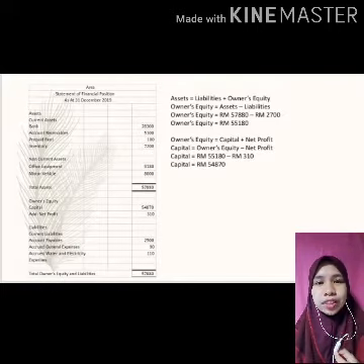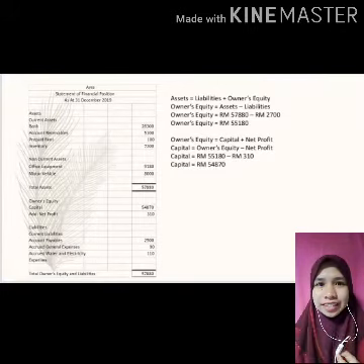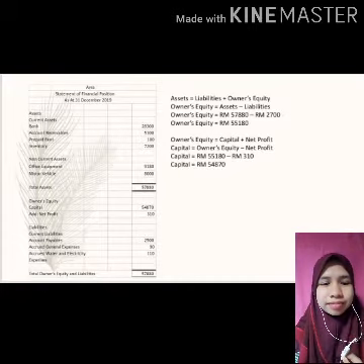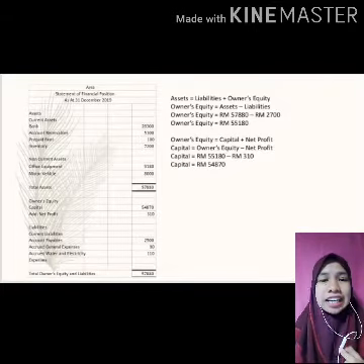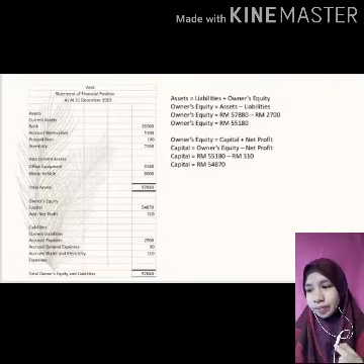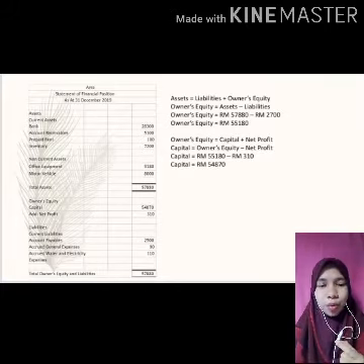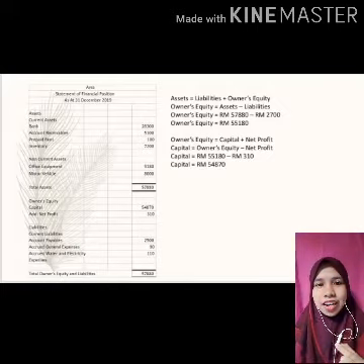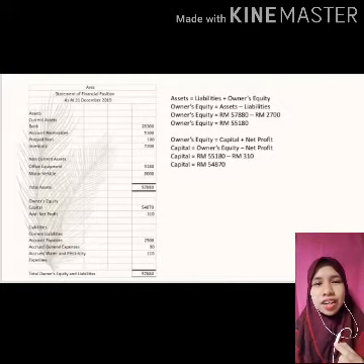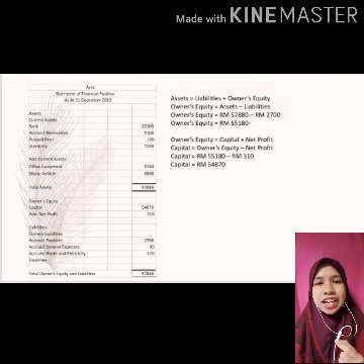So the total value is 57,880. And then for liabilities, there are only current liabilities, which are account payable, accrued general expenses, and accrued water and electricity expenses. The values also we got from carry down balances. After we calculate, we have the total of liabilities, which is RM 2,700.